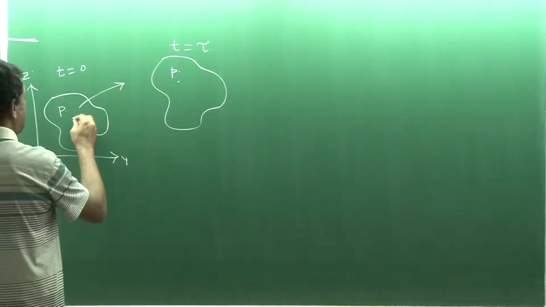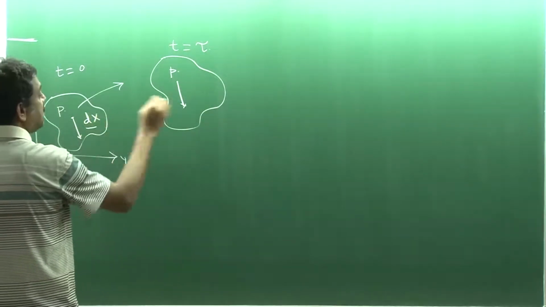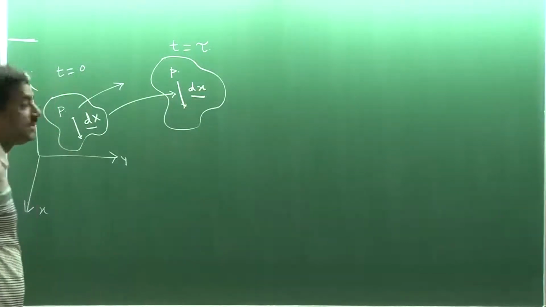In the undeformed configuration we denote everything by capital letters, whereas in the deformed configuration we denote everything by small letters, and so any line segment or vector d capital X bar is also mapped to a line segment or vector d small x bar, right.